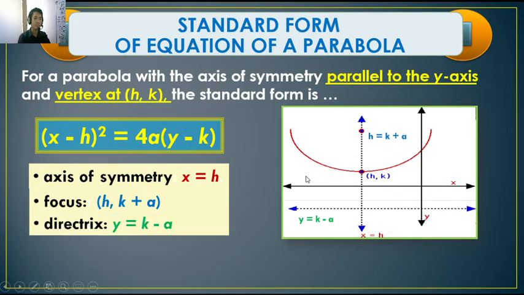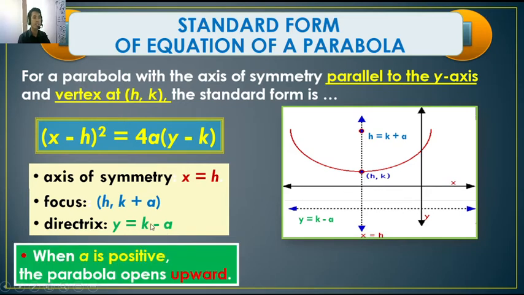And for the directrix, that is y is equal to k minus a. And then when a is positive, the parabola opens upward.